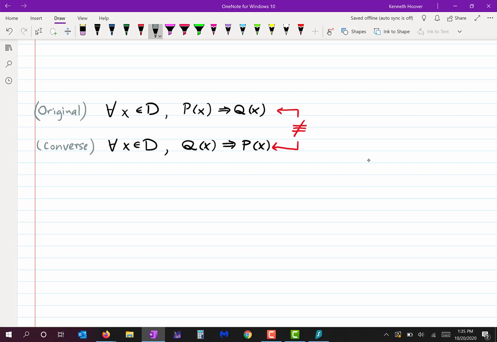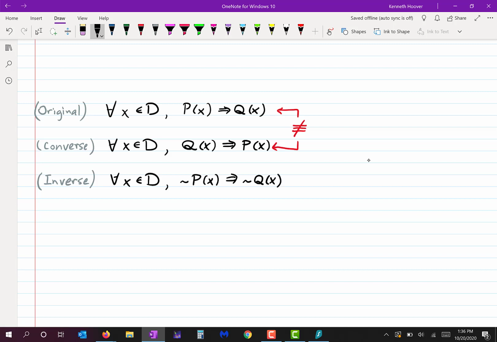Let's do inverse next. The inverse of the original statement is for all x in D, if not P of x, then not Q of x.